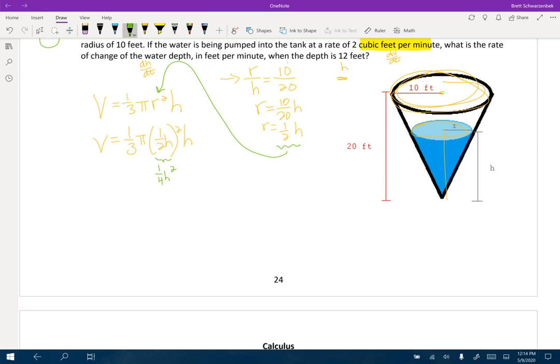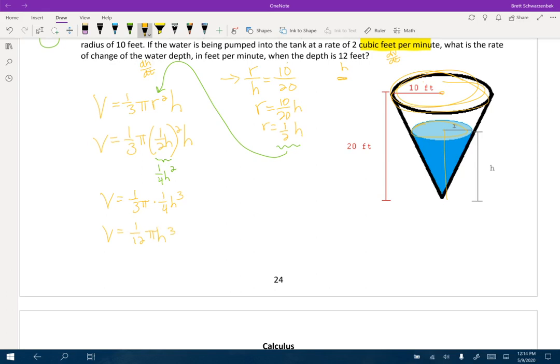So what are we going to get? We're going to end up with volume is equal to 1/3 pi times 1/4 h cubed for our problem, and then the fractions can multiply to get 1/12 pi h cubed as our variable for the scope of our problem.